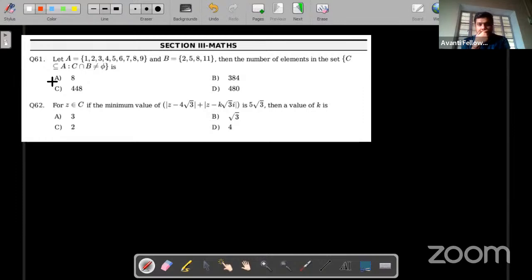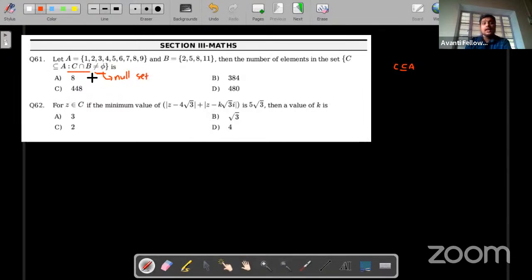Then the number of elements in the set C. C is a subset of A, which means C can have any number of elements from A. We know the meaning of subset. Such that C intersection B should not be equal to the null set. Phi means null set.